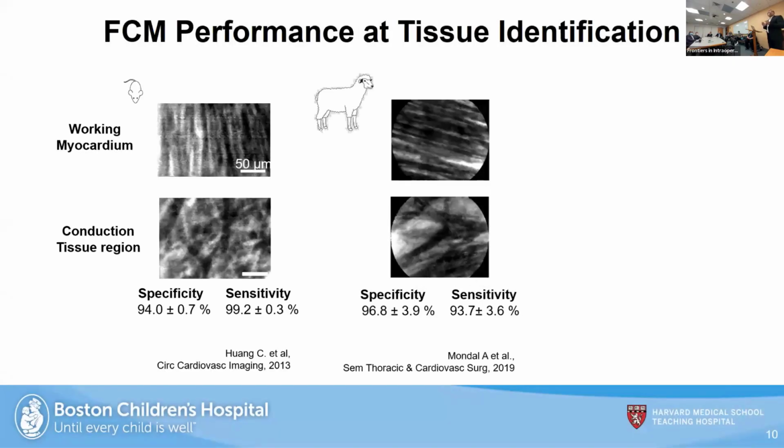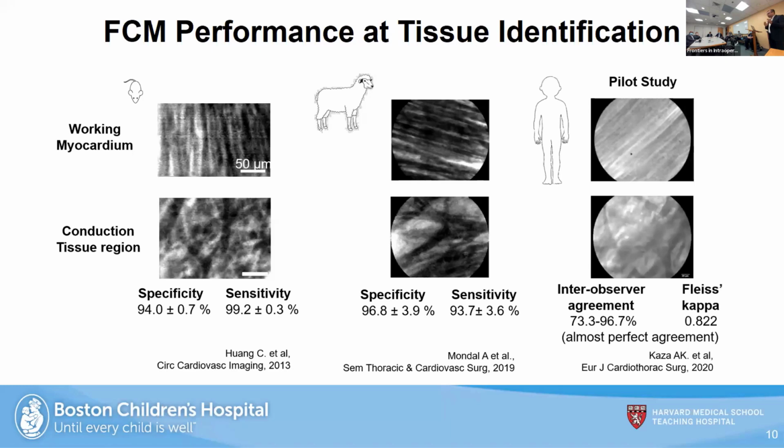So coming to the performance of identification of these tissues using FCM, when we did the experiments with rodents and sheep, trained reviewers of these images showed high specificity and sensitivity for identifying the conduction tissue versus the working myocardium.